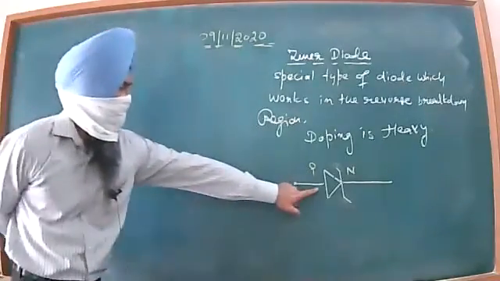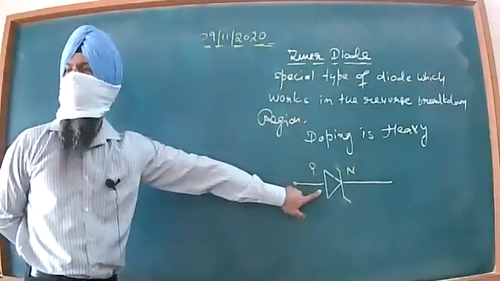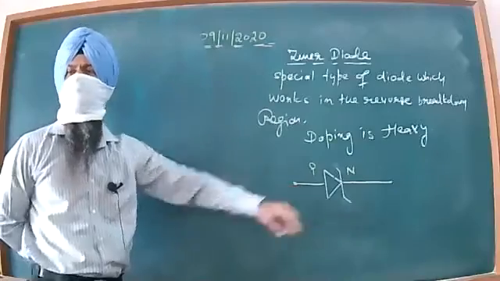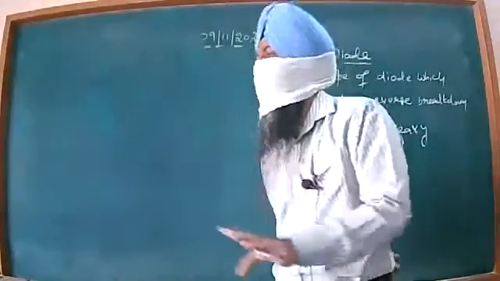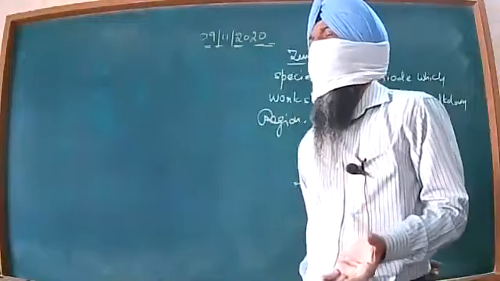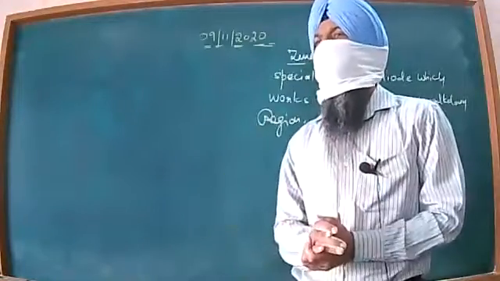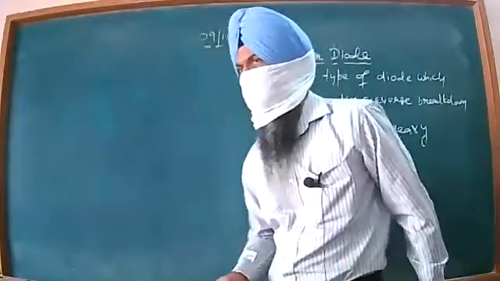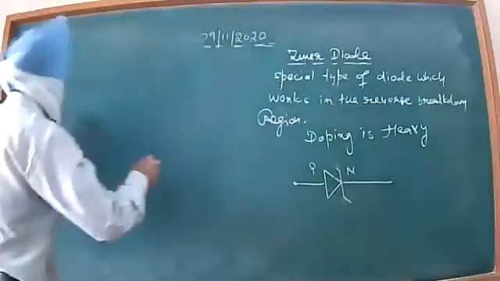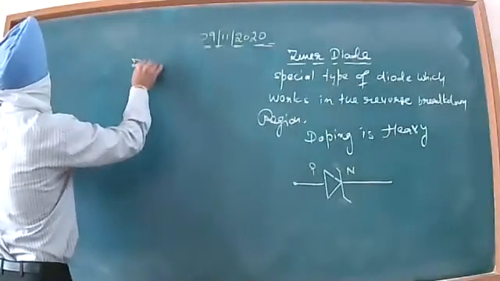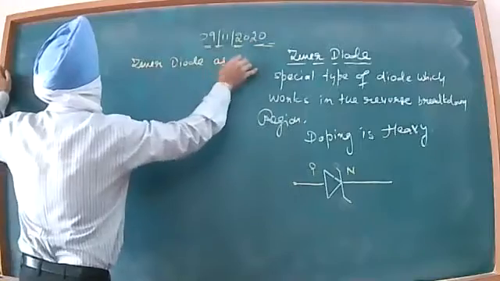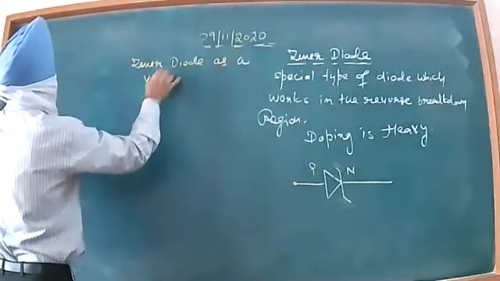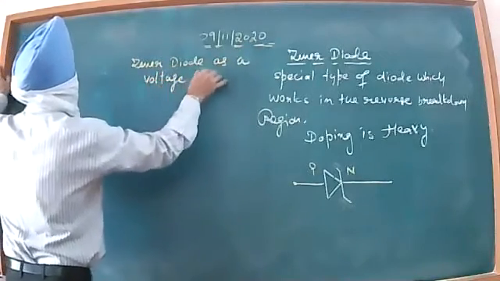Now the most important application of the Zener diode, which is every time asked and which is also present in our syllabus, is the use of Zener diode as a voltage regulator. Let us see the Zener diode as a voltage regulator.